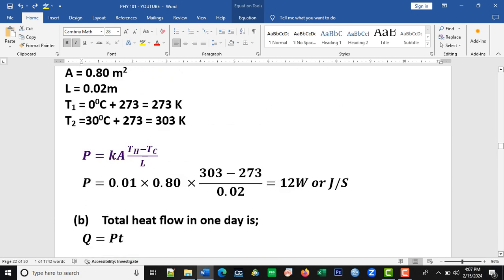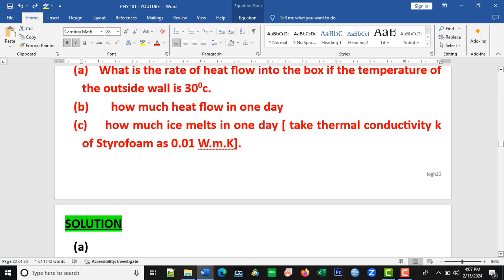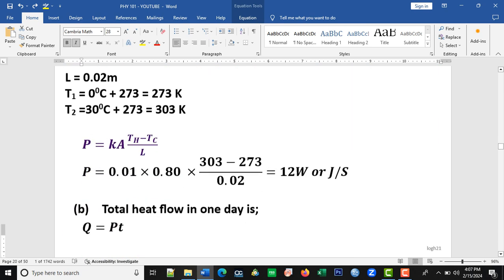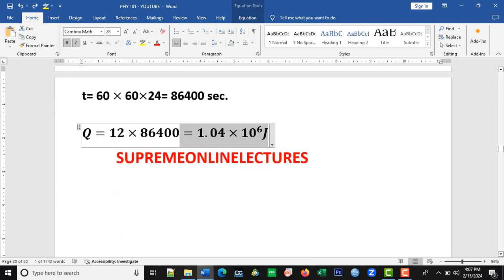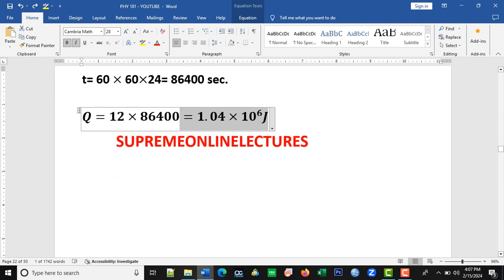The next one said, how much ice melts in 1 day? In this case, this problem talks about melting. So what will come into our mind is latent heat of melting, that expression, latent heat of fusion.